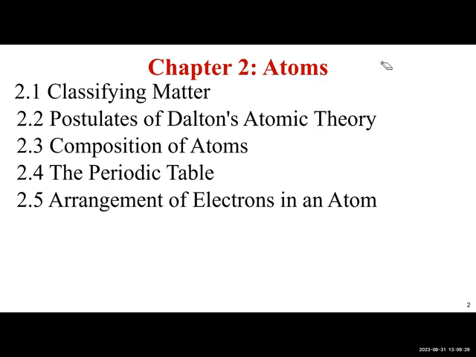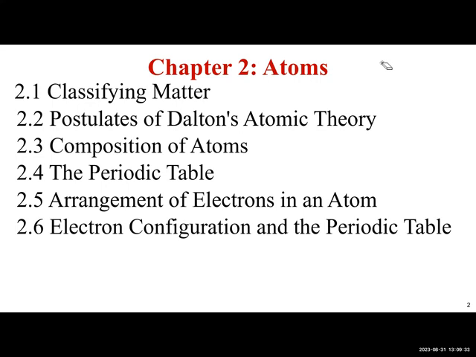The electron arrangement in atoms of elements is related to their place in the periodic table. Therefore, the periodic table lets you figure out how the electrons are arranged in an atom.